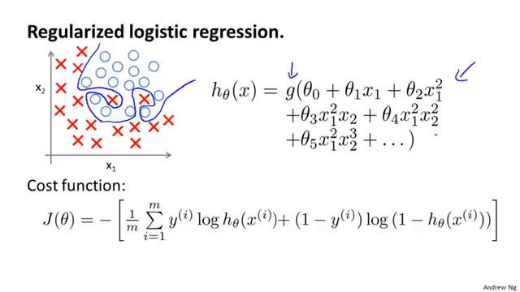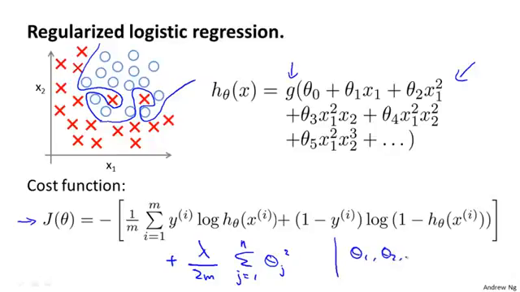This was our cost function for logistic regression, and if we want to modify it to use regularization, all we need to do is add to it the following term: plus lambda over 2m, sum from j equals 1, rather than j equals 0, of theta j squared. This has the effect of penalizing the parameters theta 1, theta 2, and so on, up to theta n from being too large.